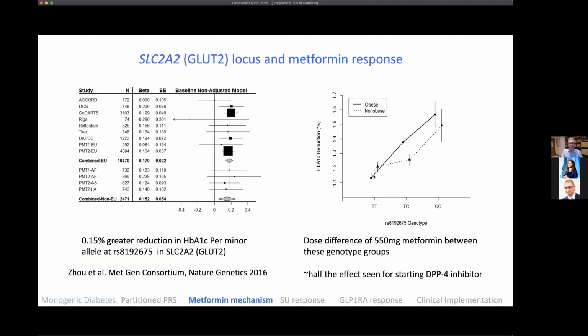And that's starting to be clinically important. So that's about a dose of 550 milligrams of metformin, which is about a quarter of the maximum adult dose, or about half the effect we see when we start one of the newer drugs, DPP-4 inhibitors. So it's not a trivial genetic effect here. This is something that could be clinically useful.